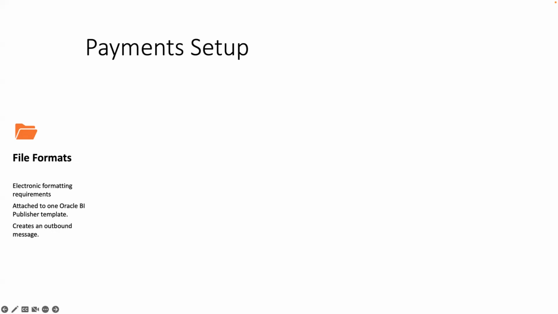So that's the outbound file that actually will go to the bank, and the bank will use that information to pay the supplier. And then you have the transmission method. So how is this going to be transmitted? And you will normally transmit using a protocol, whether it's your secured server, which is the SFTP server.